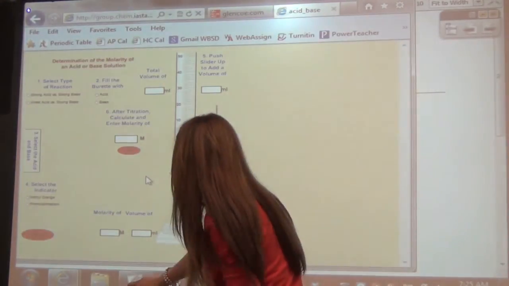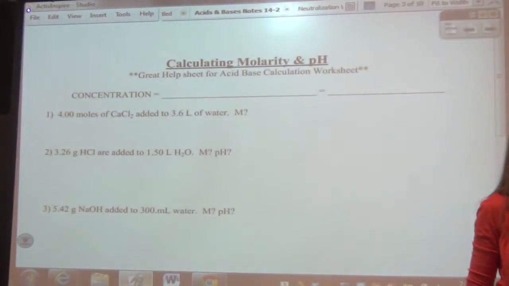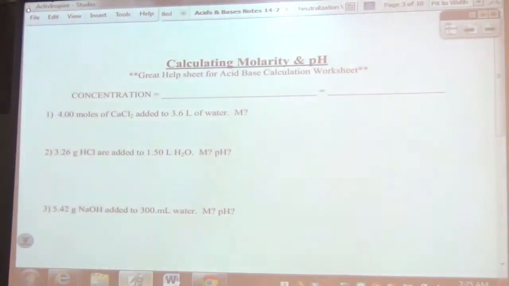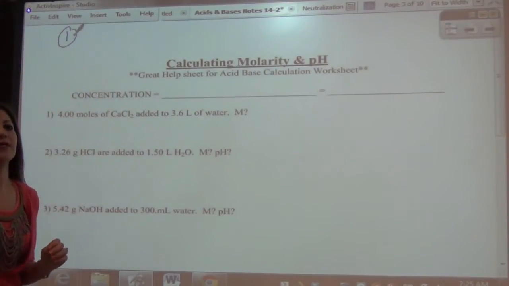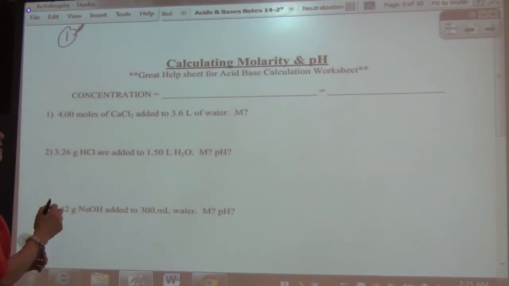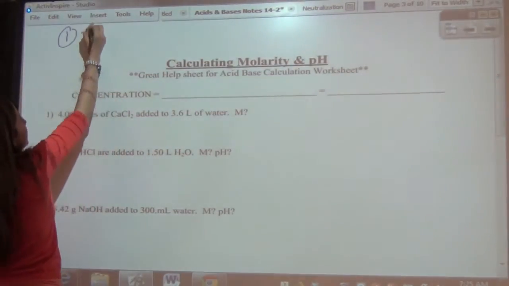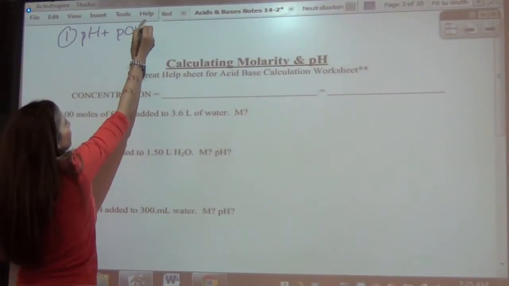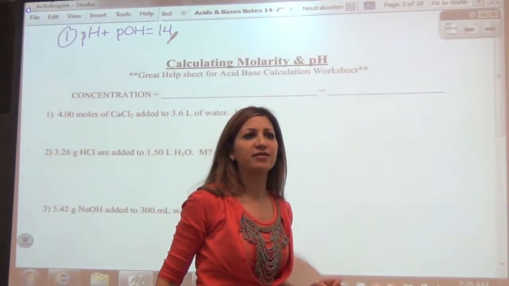So let's go to the notes, and the first thing we're going to do is write down our 4 equations that we're using. Number 1. The very first equation is the basic pH plus pOH equation. And if you have pH plus pOH, what does that give you? 14. Now, 14 has no sig figs, okay?